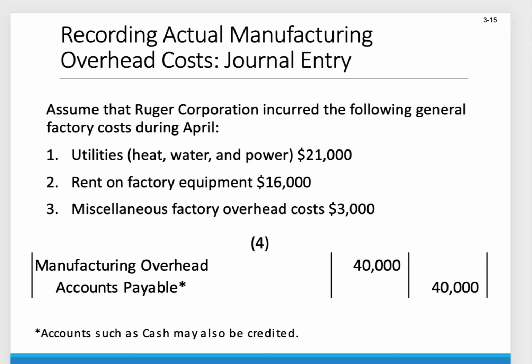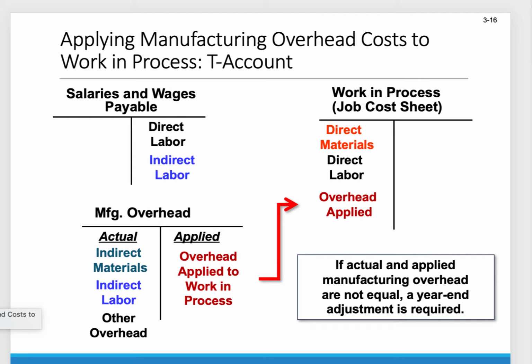Okay? So now let's put all this together, right? We have our direct labor, we have our direct material sitting in the WIP, right? We already acknowledged that we recognized all the actual overhead cost that was incurred. Now we got to apply, right?